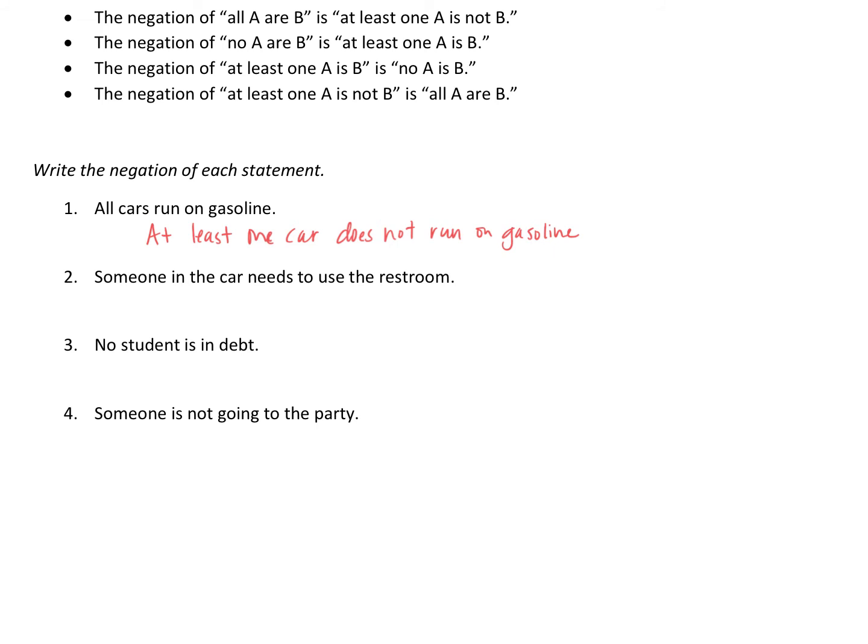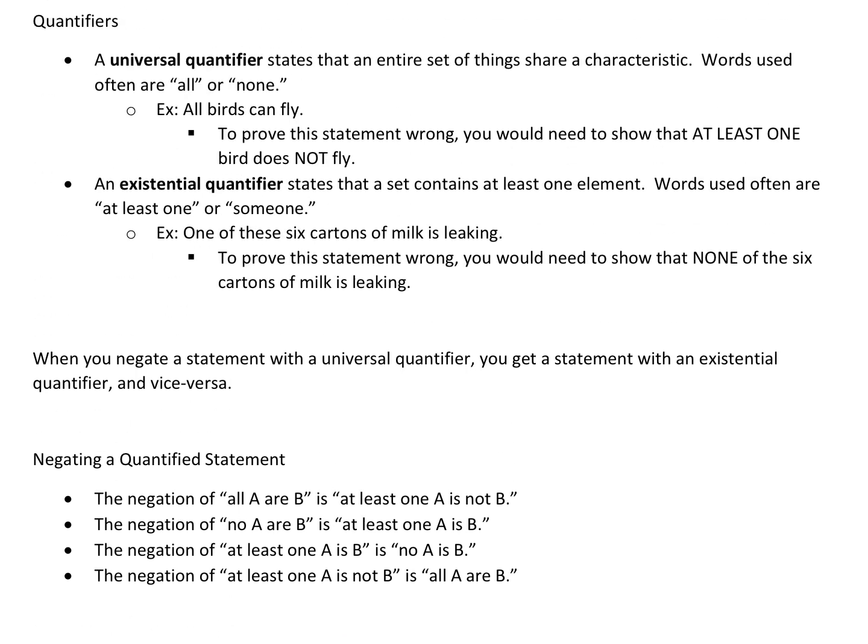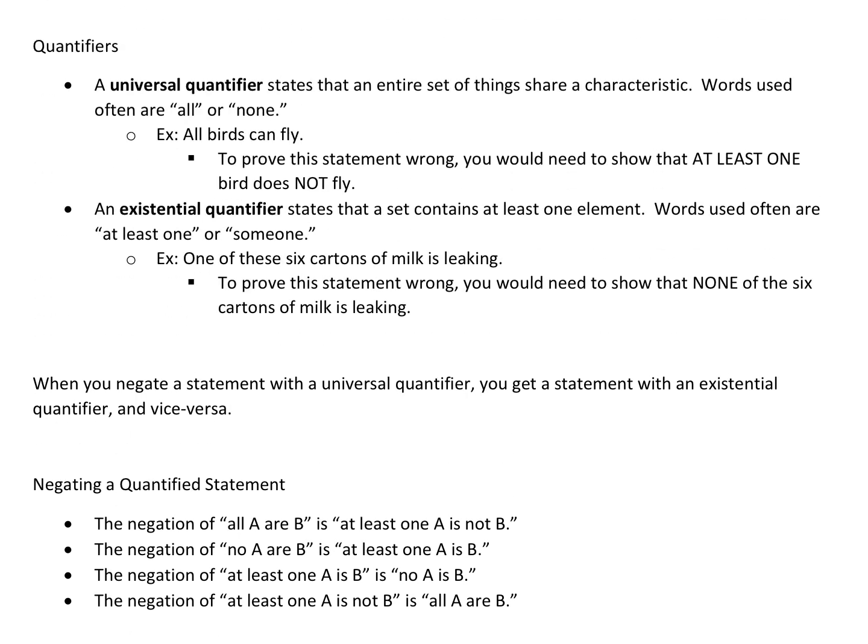So let's look for the other one that is all or none. Number 1 was all. Number 2 is someone. So that's not it. Number 3 is no student is in debt. That's the other universal quantifier. It's all of them or none of them.